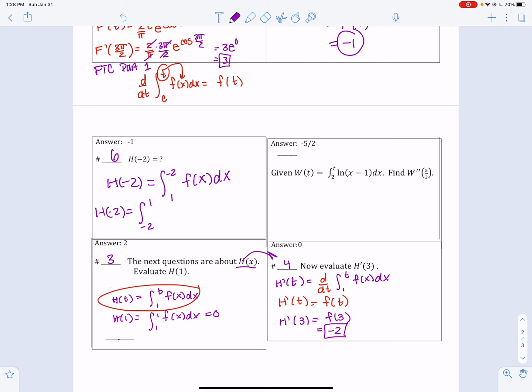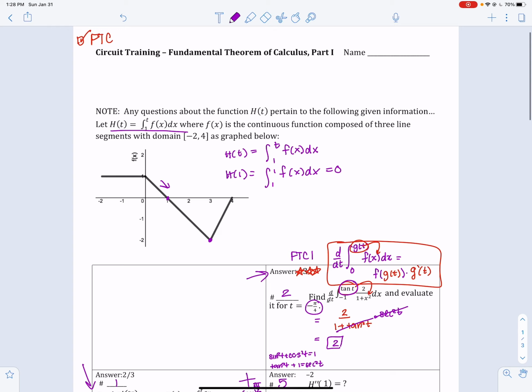You can flip them. I'll leave a negative out in front. So now you can go from negative 2 to 1. That makes more sense. You're going to take this area and make it negative. Why is that so? Because if you're going to negative 2, you're going backwards. So the area that was positive is now going to be negative.